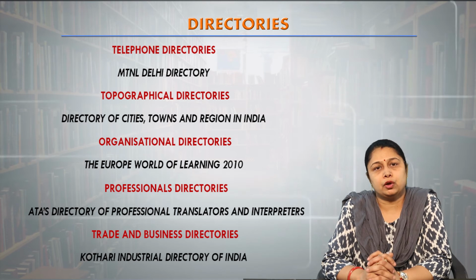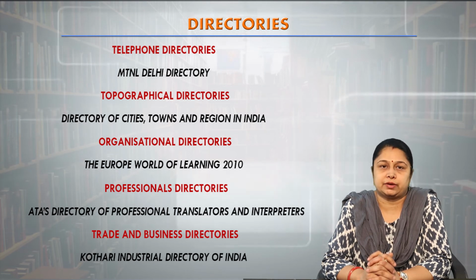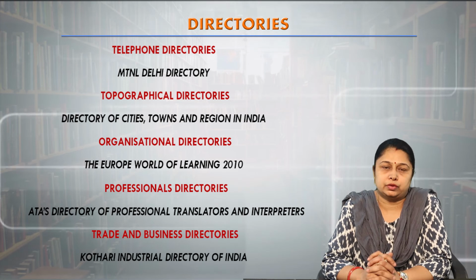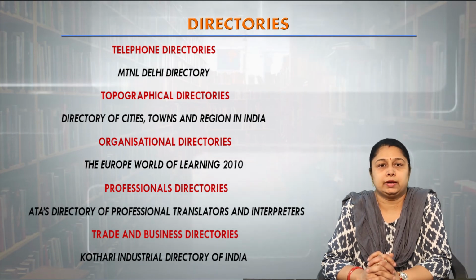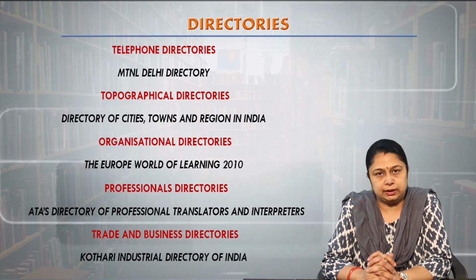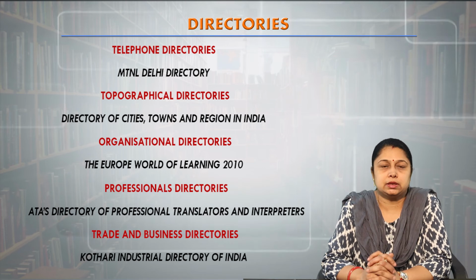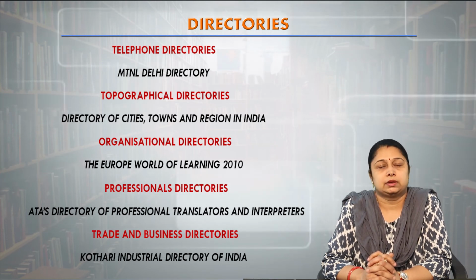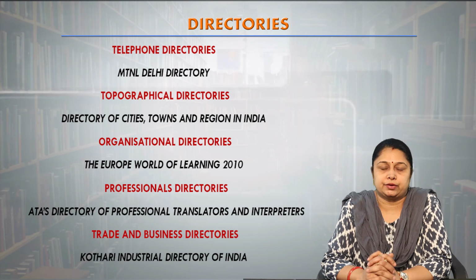Directories are of the following types: telephone directories, which tell us about the telephone numbers of the concerned people, like the MTNL Delhi directory. This is the telephone directory of MTNL of Delhi region. Then come the topographical directories.